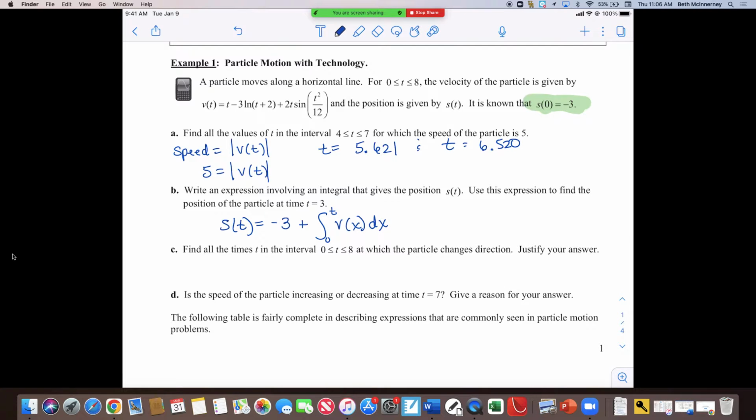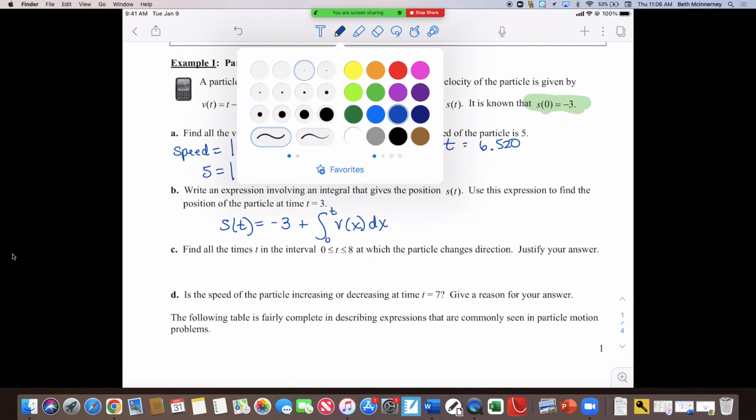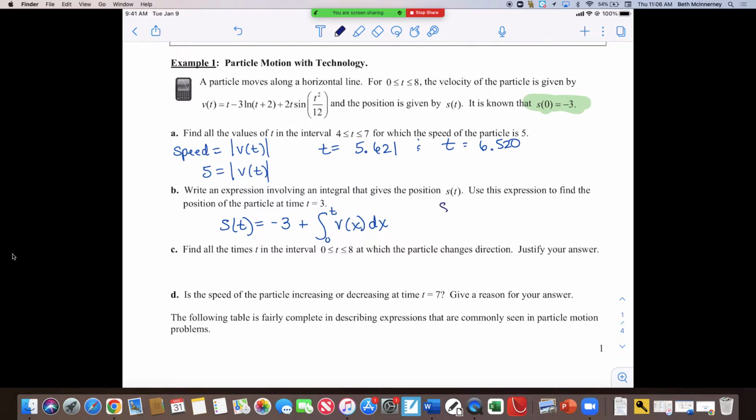Then it says use this expression to find the position at time t equals 3. If you have defined v of t or v of x, whichever letter you use, now this will be easier because remember the integral from 0 to 3 of velocity just tells me the change in position.